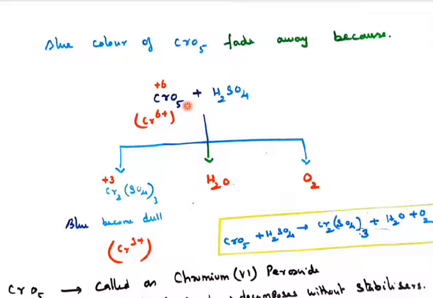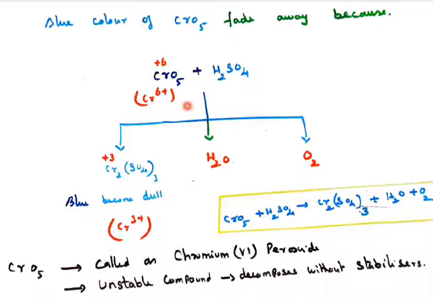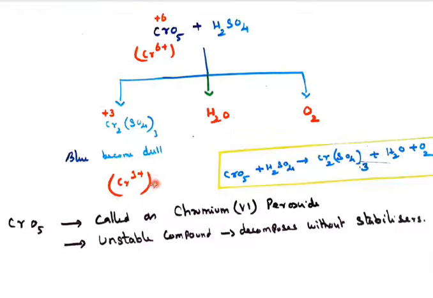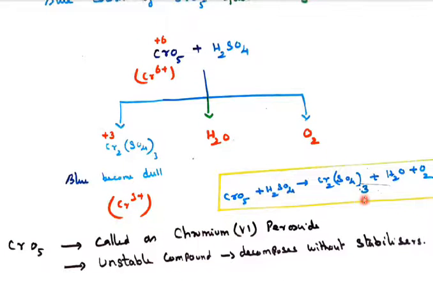Another rule is to be followed; I will let you know. The H2SO4 gives water and oxygen and chromium 3 sulfate, chromium 3 plus, and the blue color becomes a very dull color. So the equation I have written is CrO5 plus H2SO4 gives chromium sulfate plus water and oxygen.